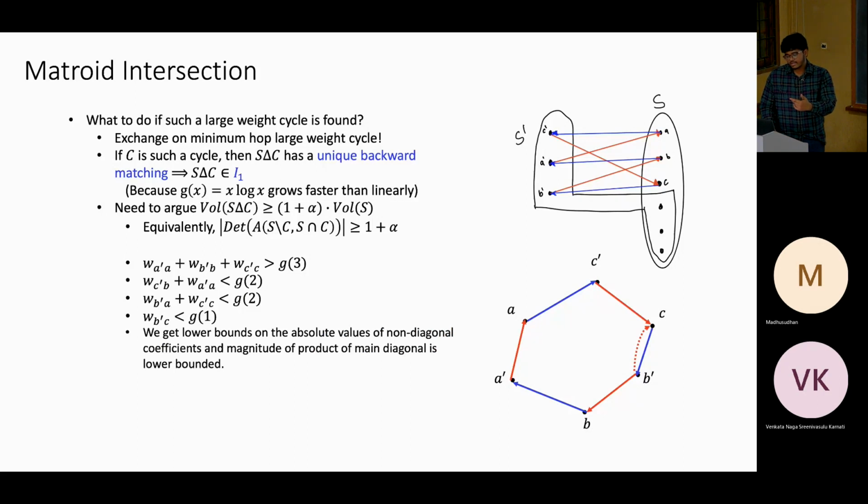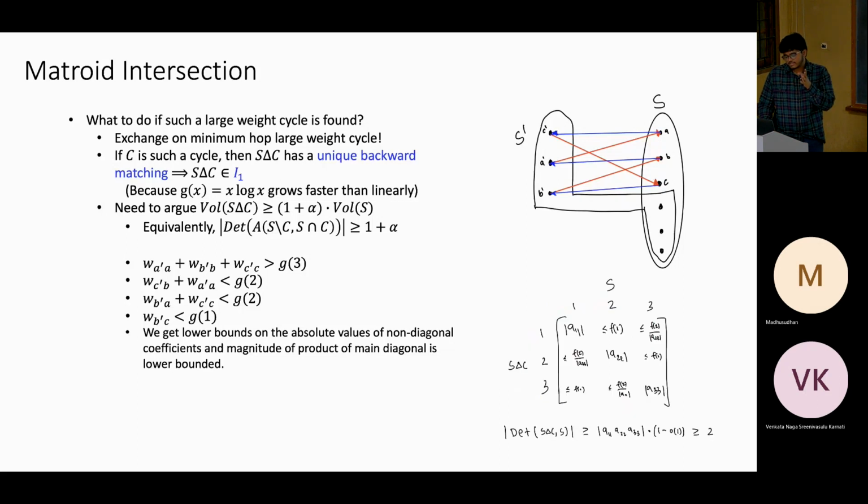So basically what's happening is we're looking at the determinant matrix, and in some sense we're just providing upper bounds for the non-diagonal entries, and there's a lower bound for the product of the diagonal. That will in some sense just give you a lower bound on the determinant. So you should imagine you're trying to show that all the off diagonal entries are small.